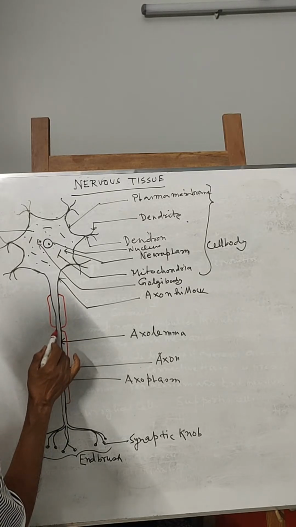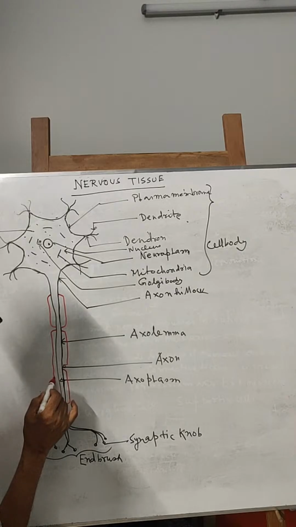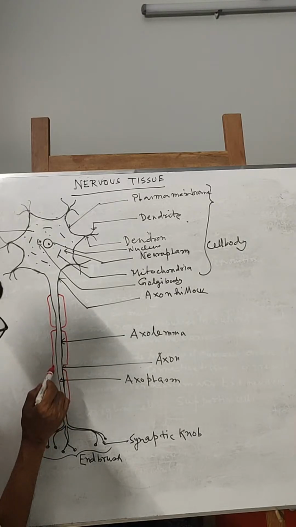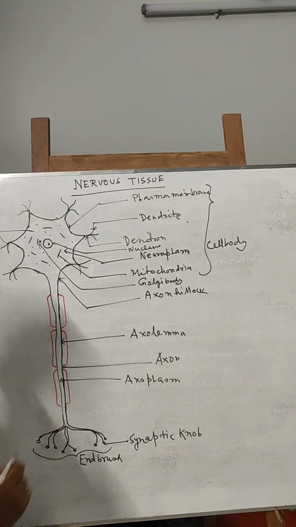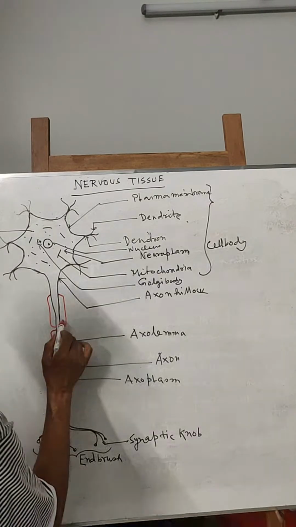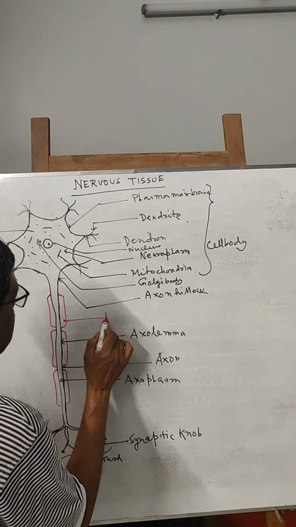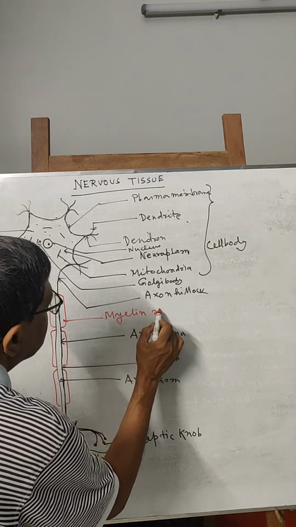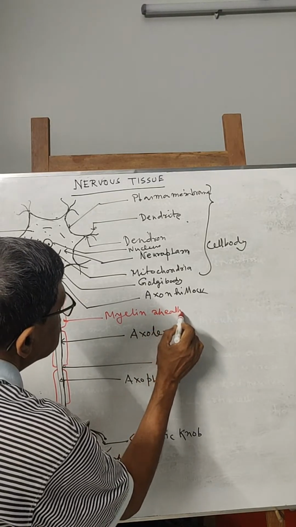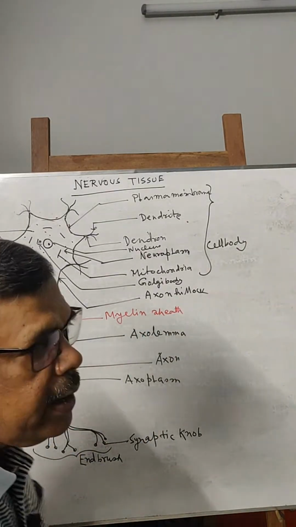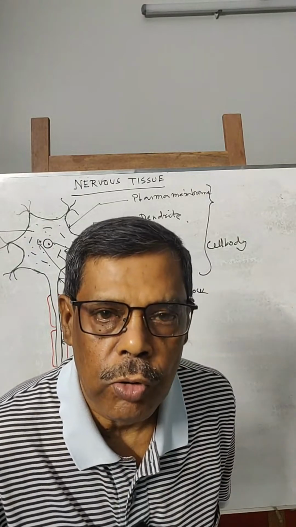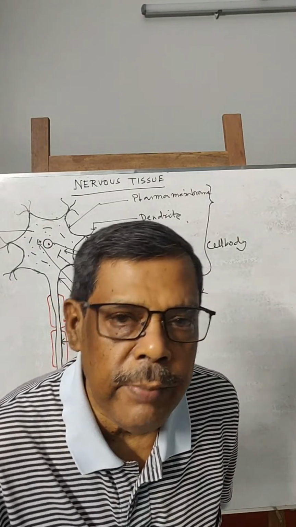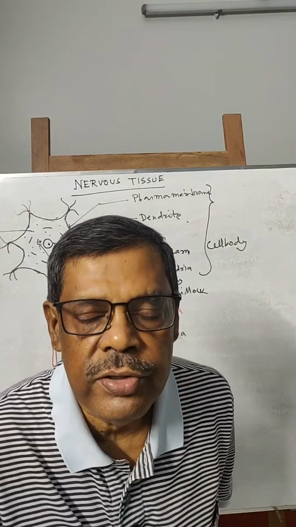It is composed of fat, so a white color may be found. The myelin sheath is found only in a medullated neuron, but in a non-medullated neuron, the myelin sheath is absent.